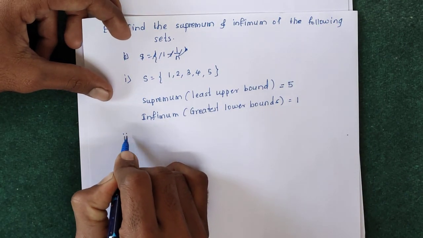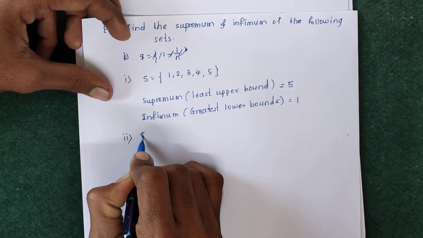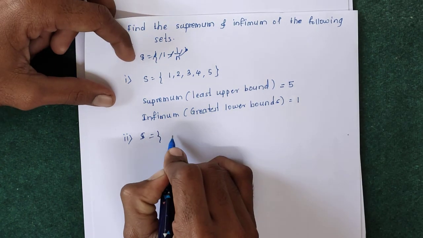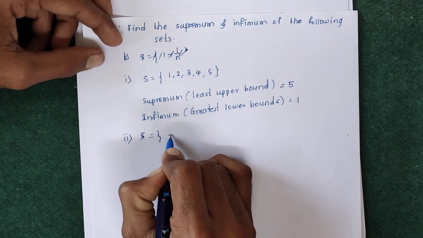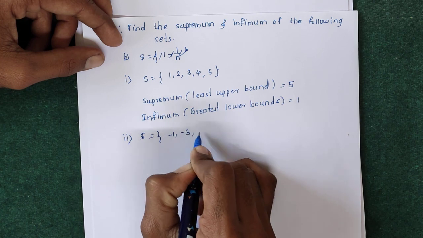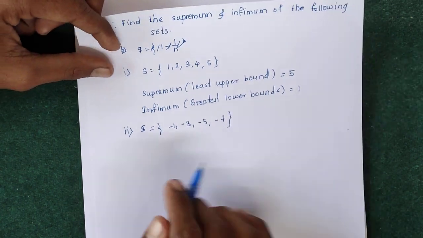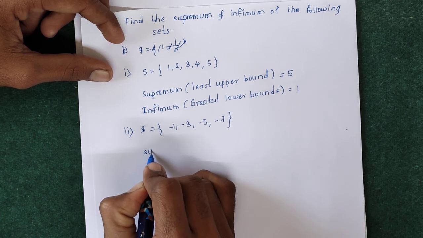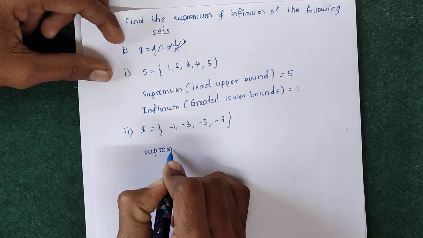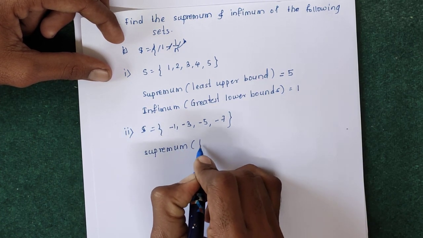Similarly, for the second example, suppose set S is equal to minus 1, minus 3, minus 5, minus 7. Then we have to find the supremum and infimum. Supremum means again least upper bound.